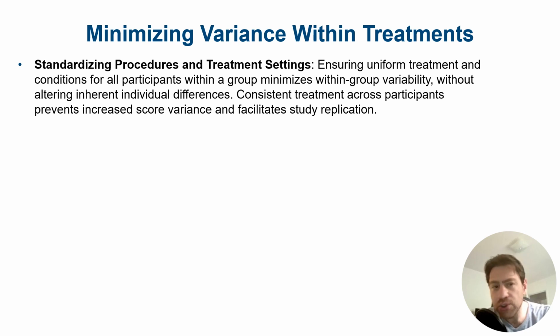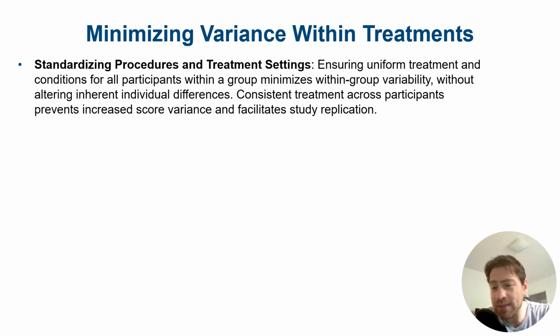So one approach is standardizing procedures and treatment settings. The idea is you want all the participants to be treated the same way, of course, with the exception of the independent variable. So for example, if you are measuring problem-solving abilities, if you are nice to some people and rude to other people, plausibly that could affect their scores.